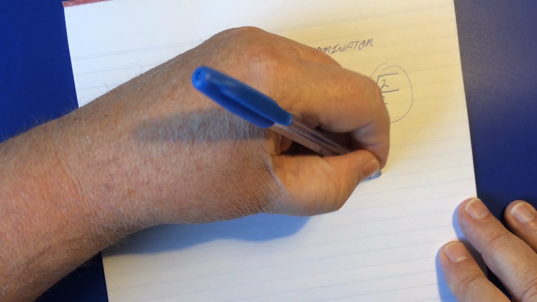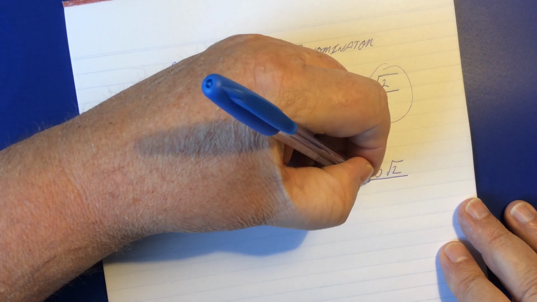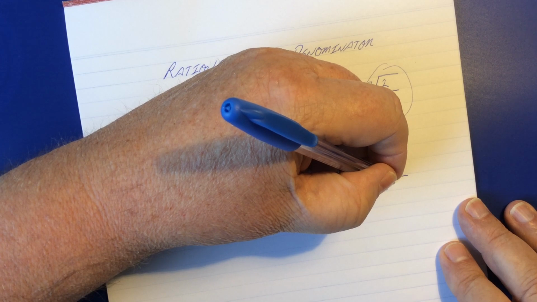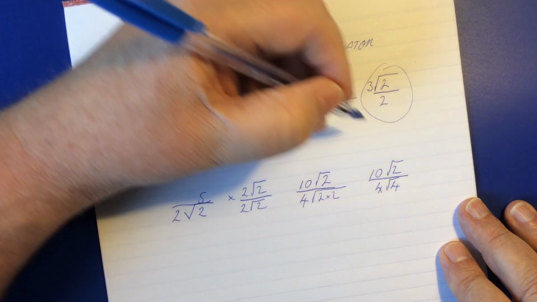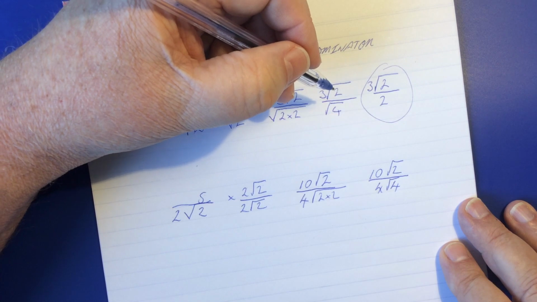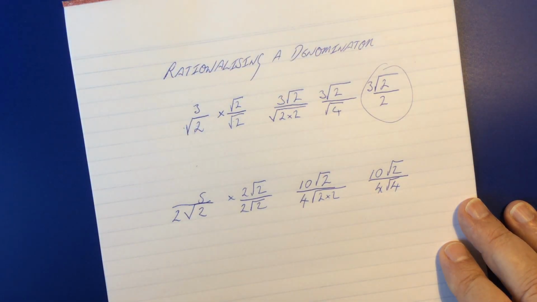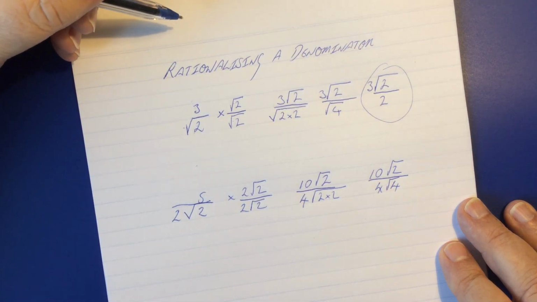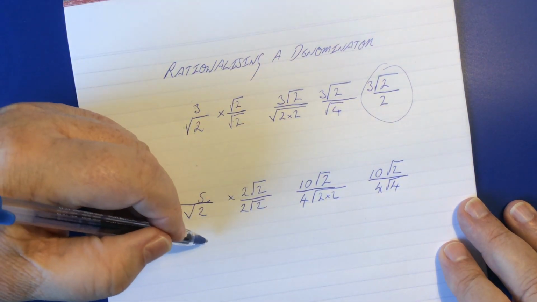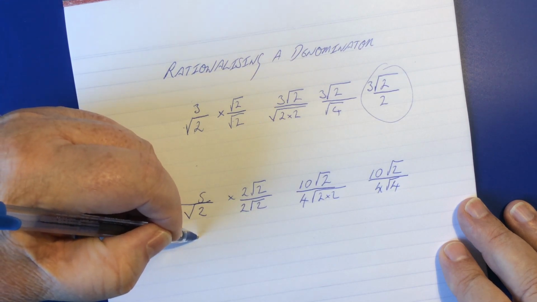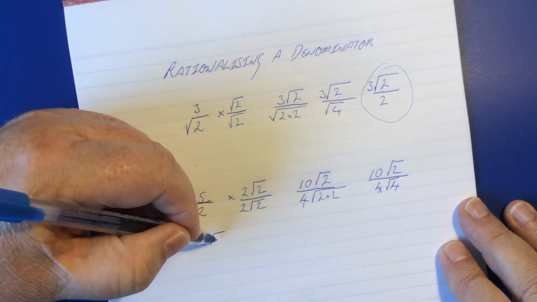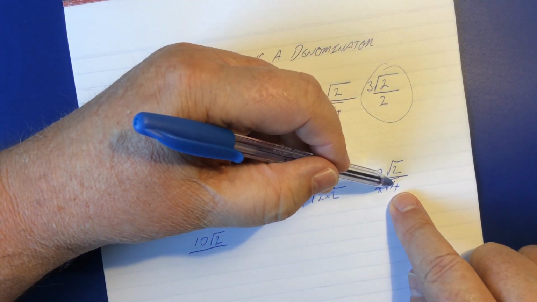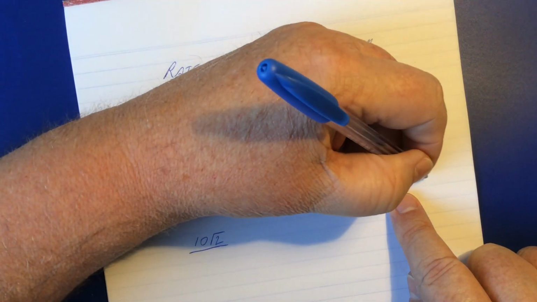So tidying this up, we've got 10 root 2 on 4 root 4. Okay, so what can we do? Well, we can tidy this up. We get 10 root 2. 4 times root 4, the square root of 4 is 2, so this expression is 8.